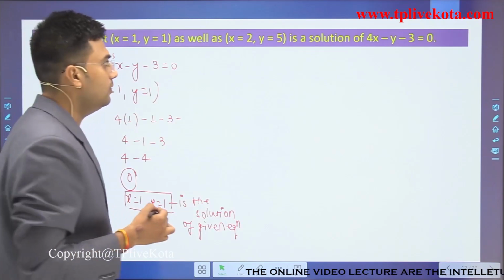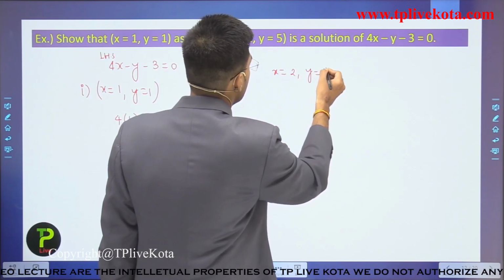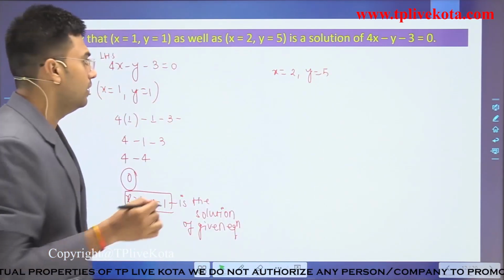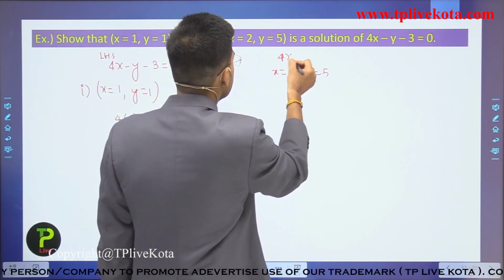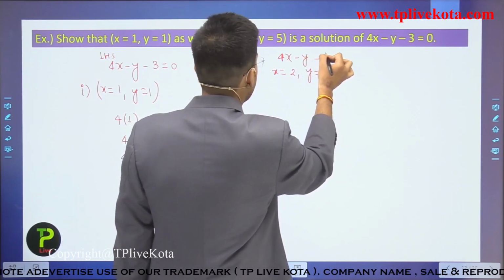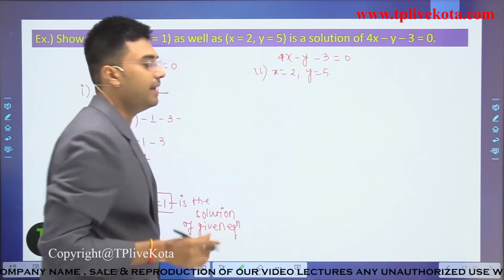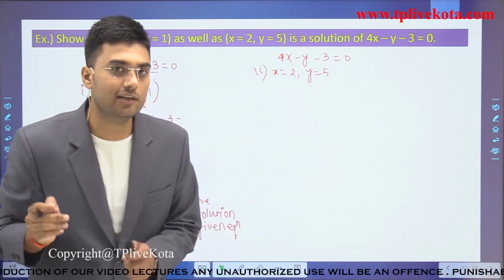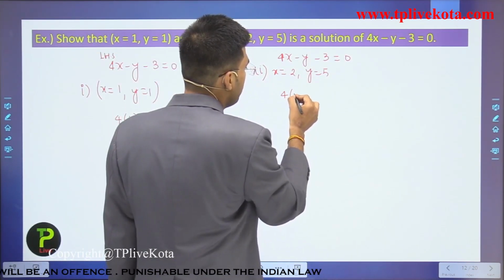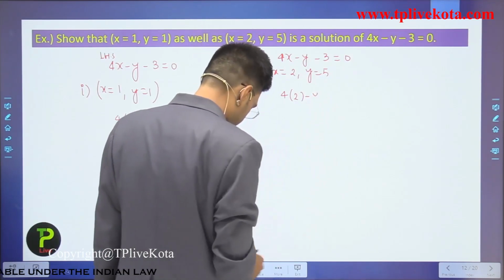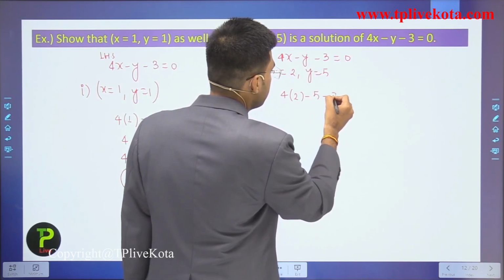Okay, now let's check for x equal to 2 and y equal to 5. Clear? Our equation is 4x minus y minus 3 equals 0, and we have to check it at x equal to 2 and y equal to 5. Let's replace x with 2 and y with 5. So it becomes 4 multiplied by 2 minus 5 minus 3.